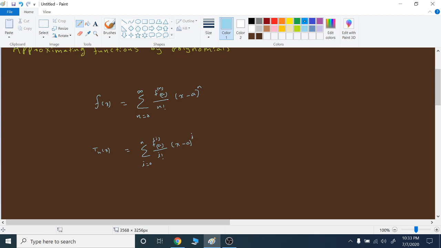And when you extend this Taylor polynomial, when you take the limit to infinity, you should get the original series, because this is kind of a partial sum. So you should get the original one when you take the limit up to infinity.